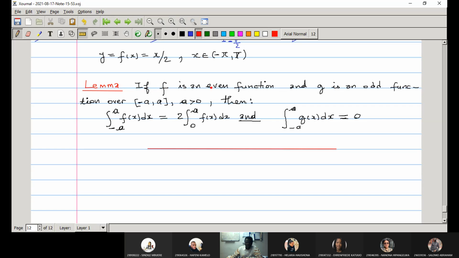Oh, the odd function, let me use the odd function in this case. There's no time to waste. So g is an odd function.